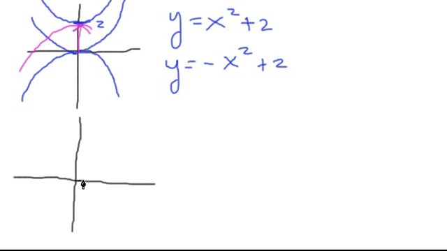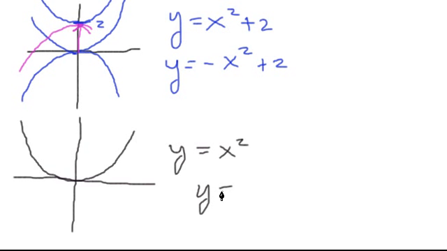So, for example, if I had y is equal to x squared, and I wanted to move this down 2 units, we would say x squared minus 2. So that would move it down. We'll say negative 2 is here. So that would shift the graph down 2 units, as you can see here, shifting it down 2 units.